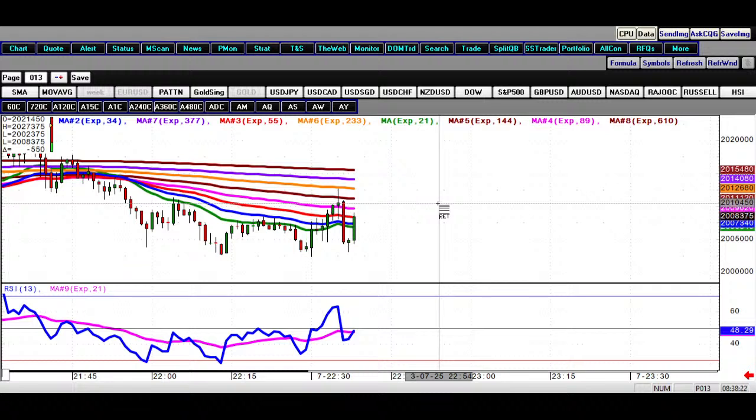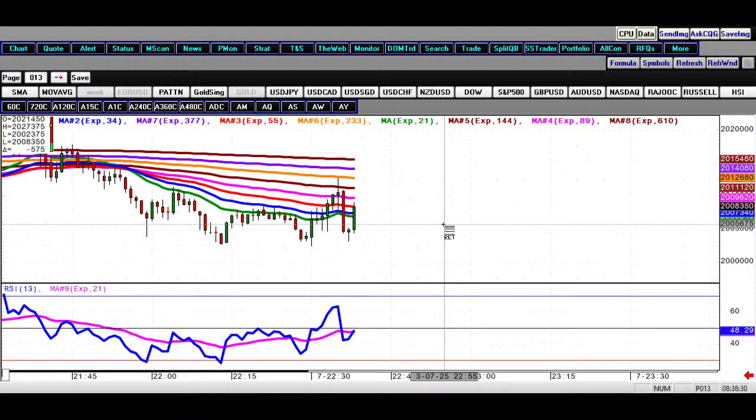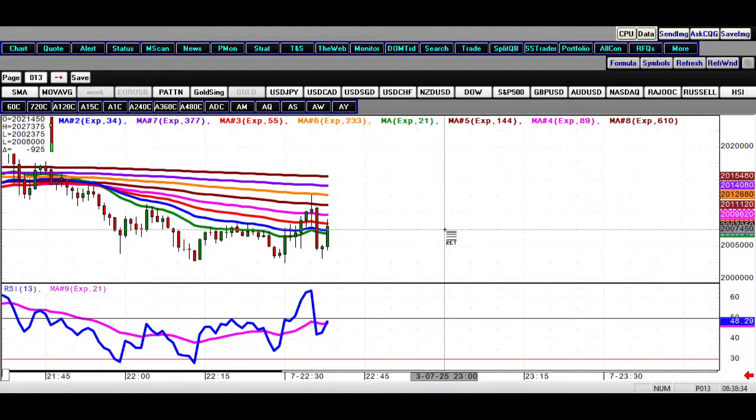See, we missed the target by just 2 pips. Okay. So now it's coming back to 80.